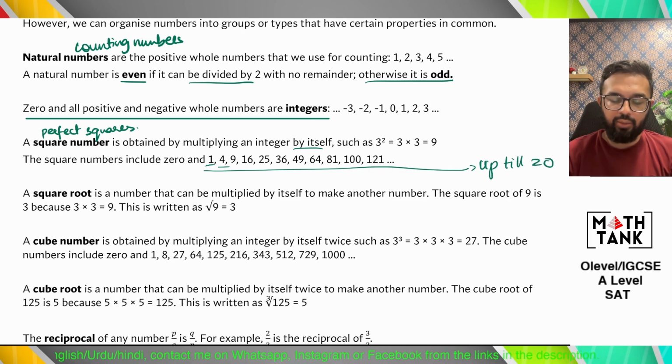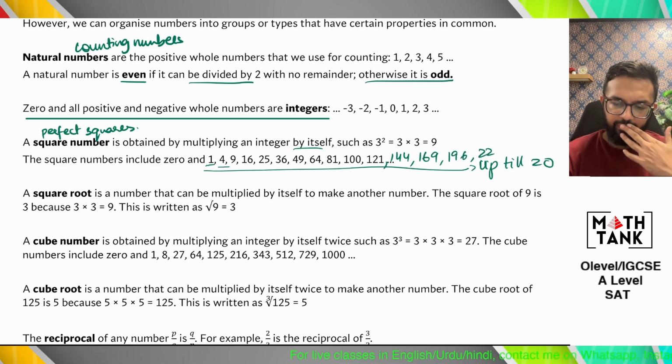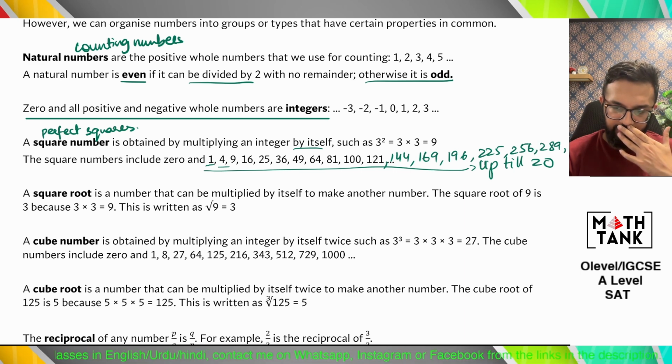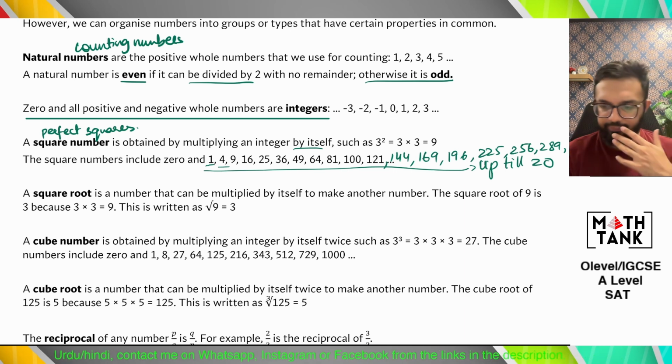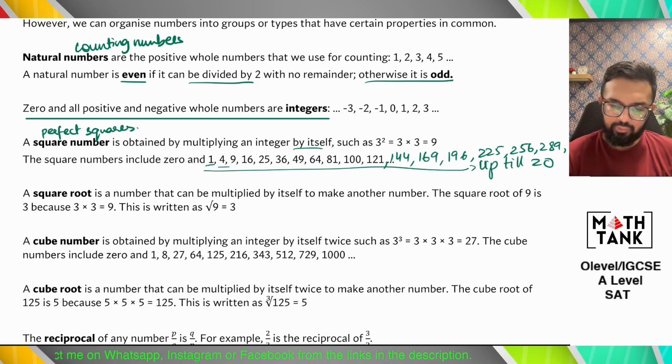Up to 20 squared basically. I should write these down for you, in fact. So that's 13 squared, that's 14 squared, that's 15 squared, that's 16 squared, that's 17 squared. Let me just check if I've done this correctly.